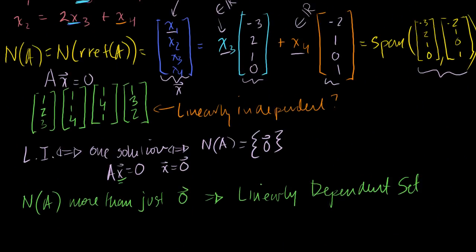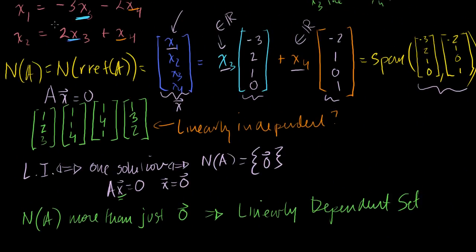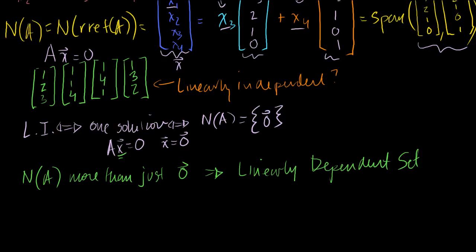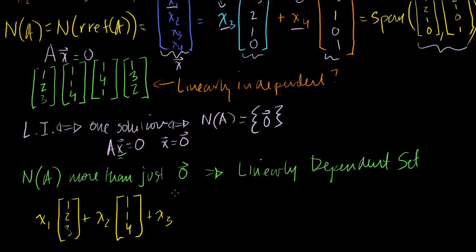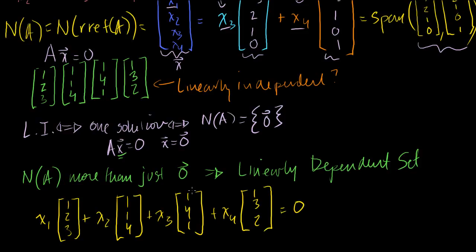So we know already that x1, let me write it this way, that x1 times 1, 2, 3 plus x2 times 1, 1, 4 plus x3 times 1, 4, 1 plus x4 times 1, 3, 2, we know that this is equal to 0.